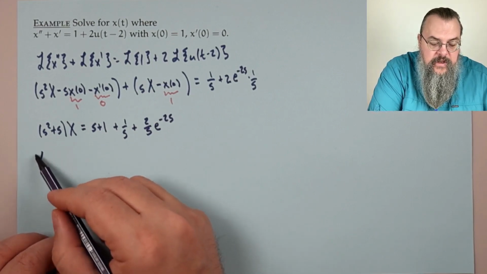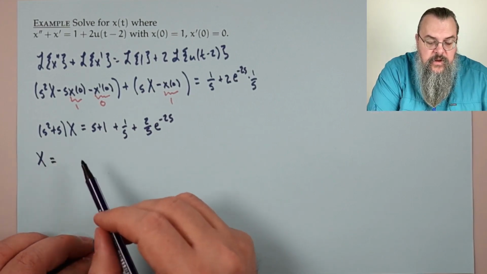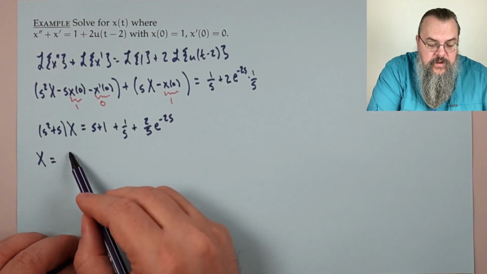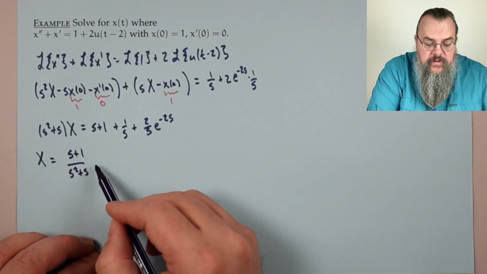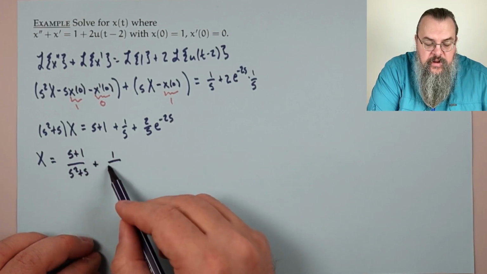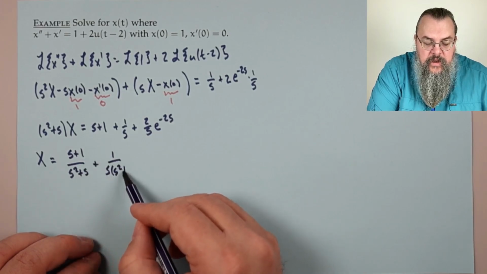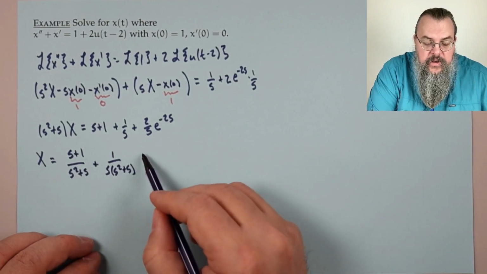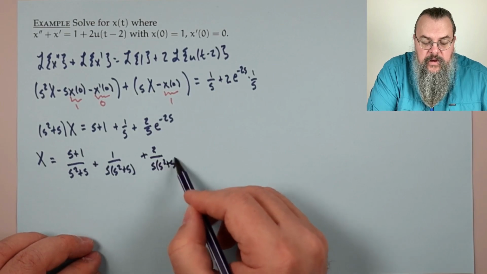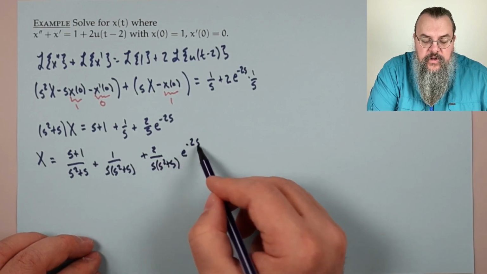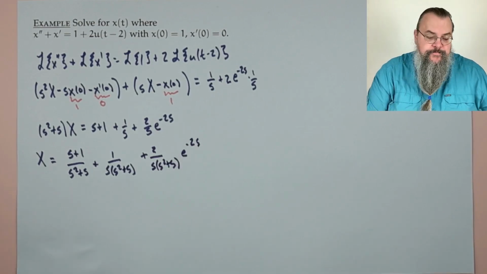So divide. X is equal to, well, we can think of this as s plus 1 over s squared plus s, and we can do this separately. That's okay. Or, of course, we can do them together. It's whatever we feel like. We'll just go through and think about what's going on.